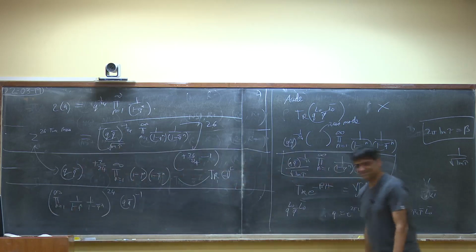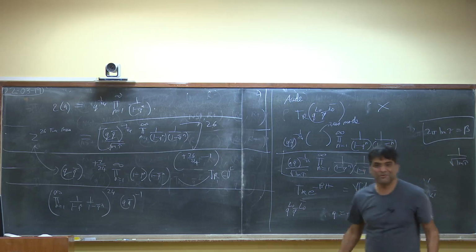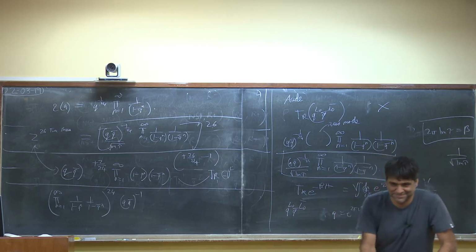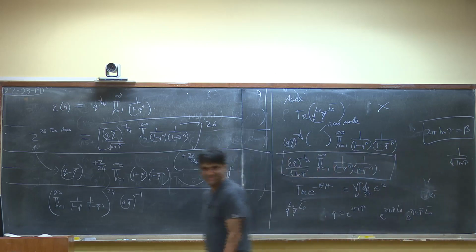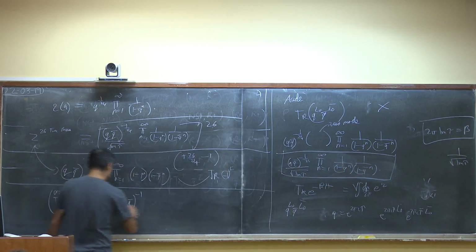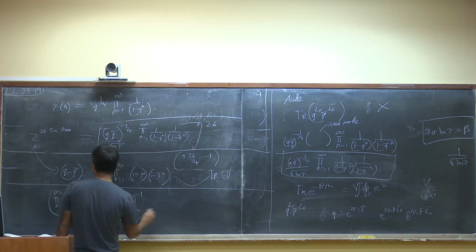Minus 1 was the ground state energy of the full theory because c was equal to 0. And you get Im tau to the power 26 by 24.